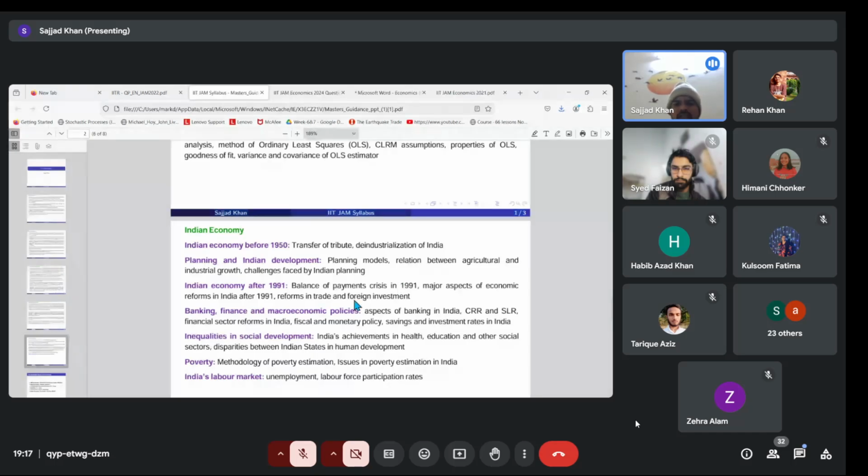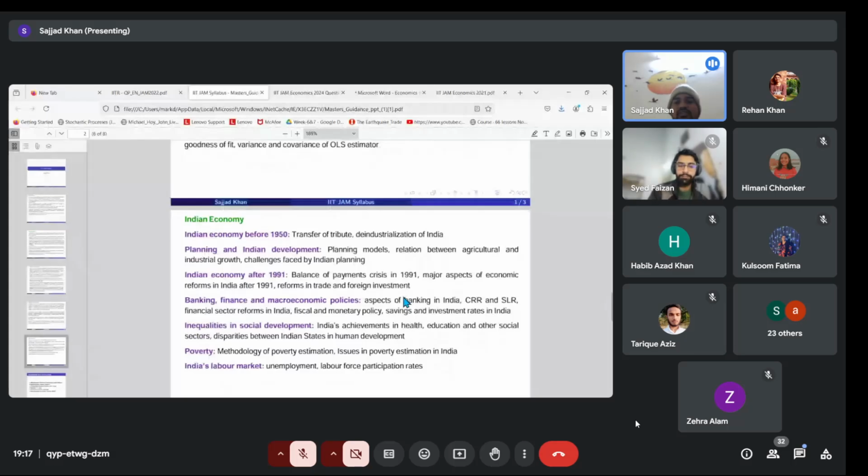And the basic things: what were the recommendations of the Narasimha Rao committee, what was the effect of LPG on specific sectors, like reforming the financial sector, the setup of SEBI, and different types of rating agencies being set up. This is a theoretical type of question, but if you have some basic understanding, you can eliminate the rest of the options.